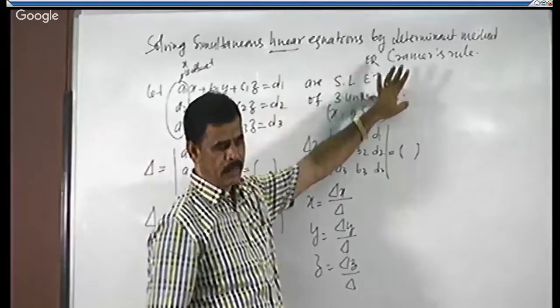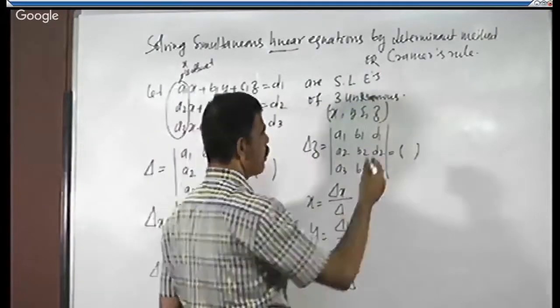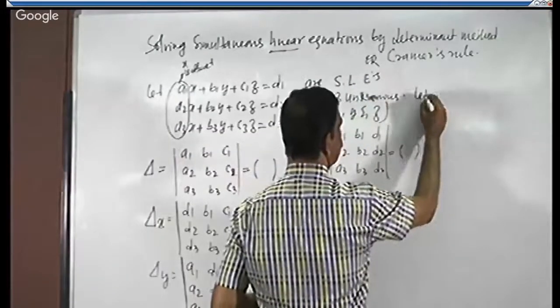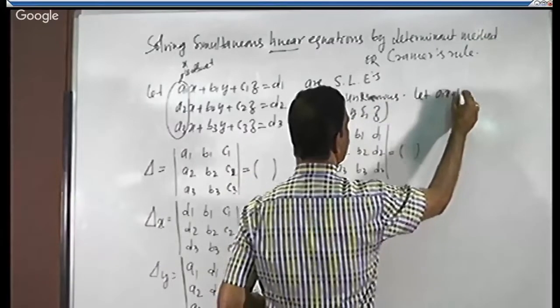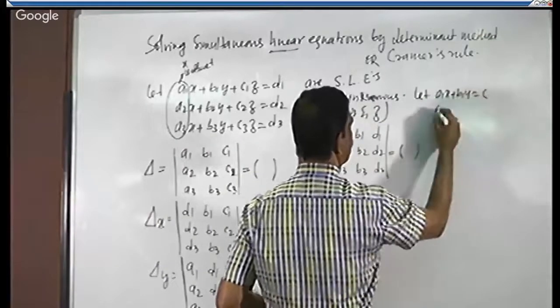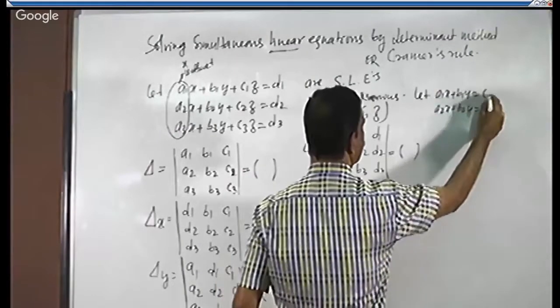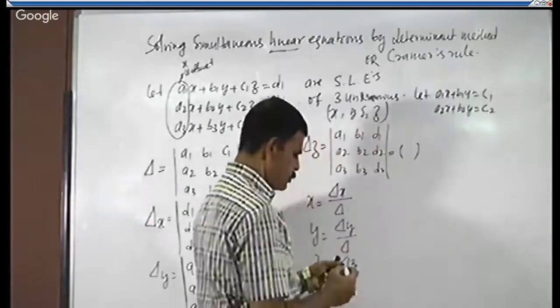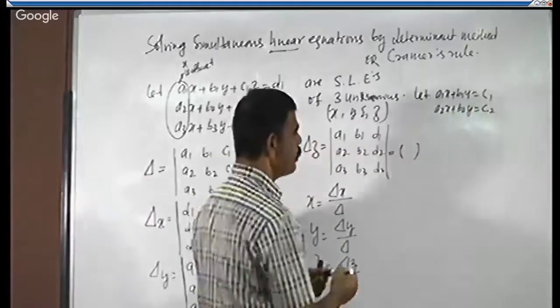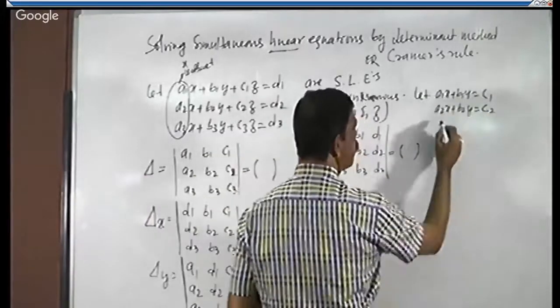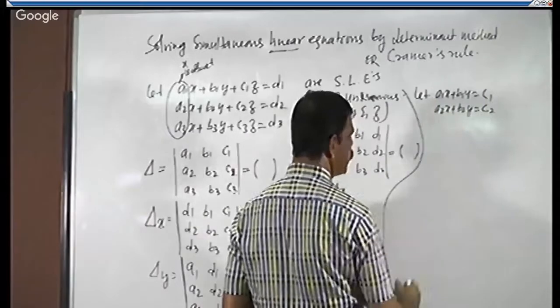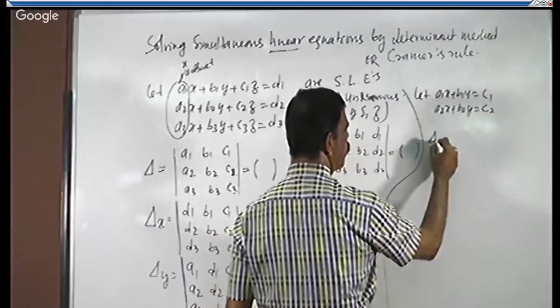Cramer's rule. Suppose there are only two equations: a1x plus b1y is equal to c1, a2x plus b2y is equal to c2. These are two simultaneous equations of only two unknowns, x and y. To solve these equations, we need to write delta.